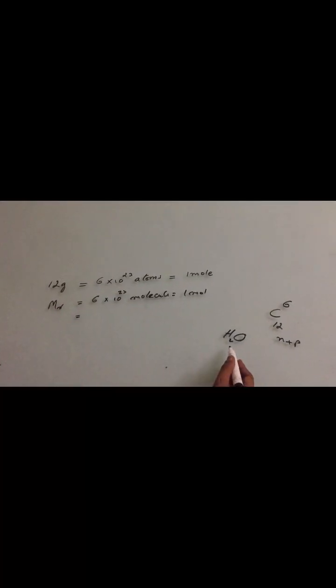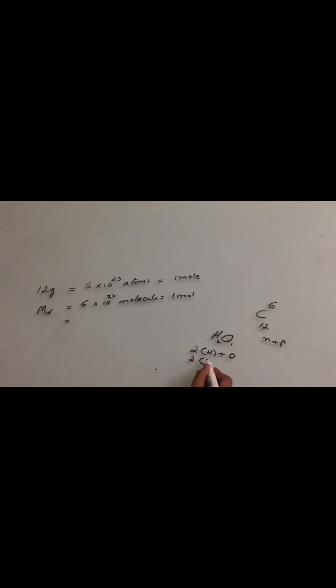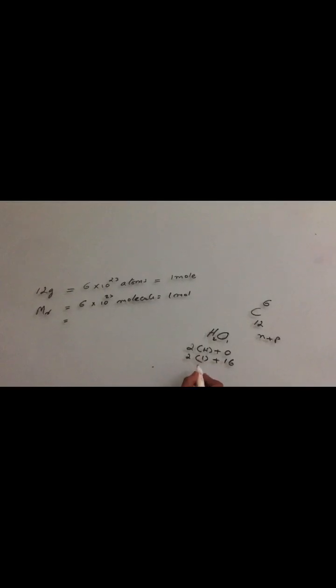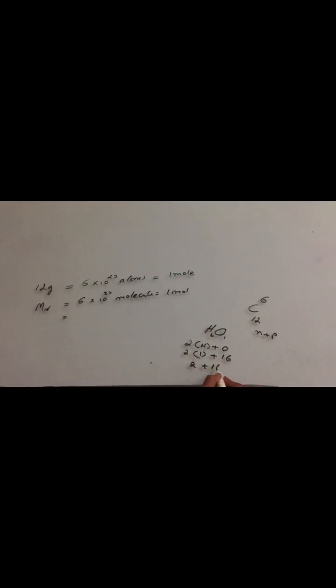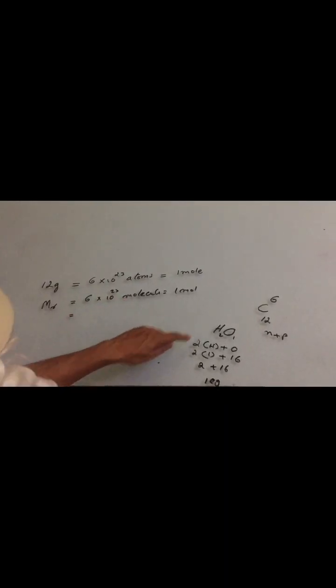Let's calculate the molecular mass of water. 2 atoms of hydrogen and 1 of oxygen. Atomic mass of hydrogen is 1, plus atomic mass of oxygen is 16. 2 multiplied by 1 is 2, plus 16, you have 18 grams. So if this many molecules of water are put on the weighing machine, it will be 18 grams.